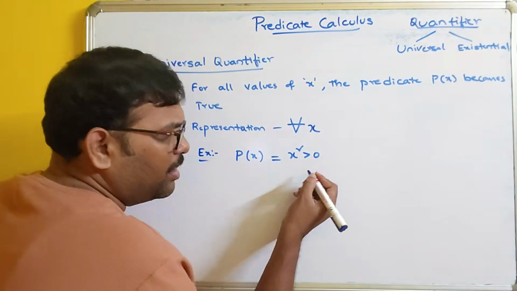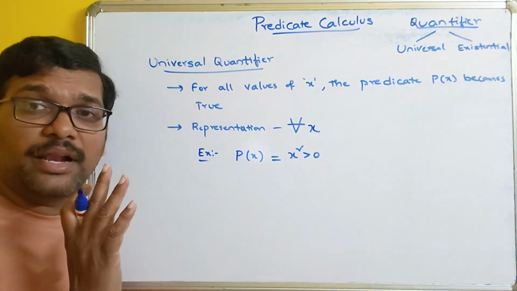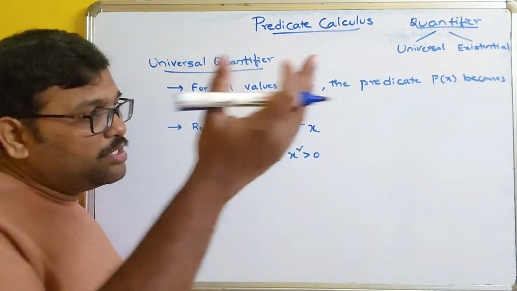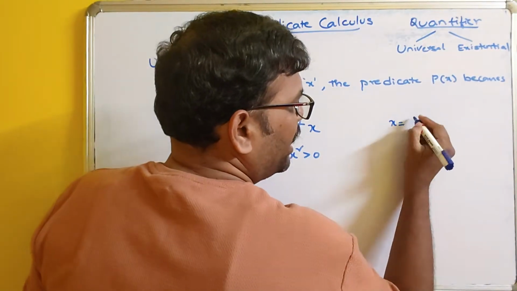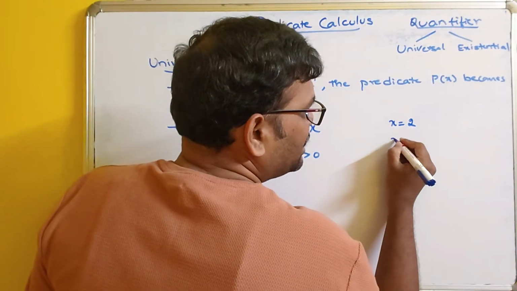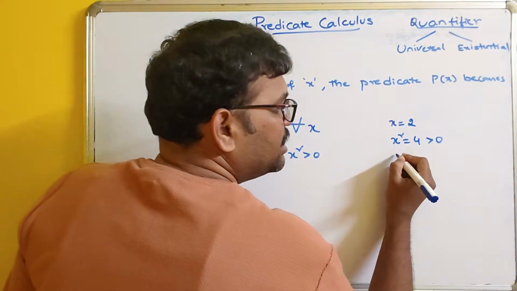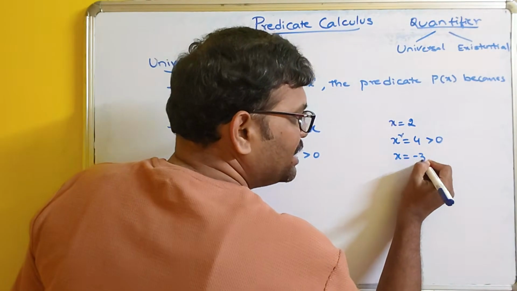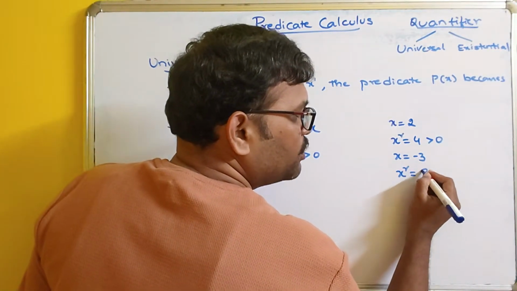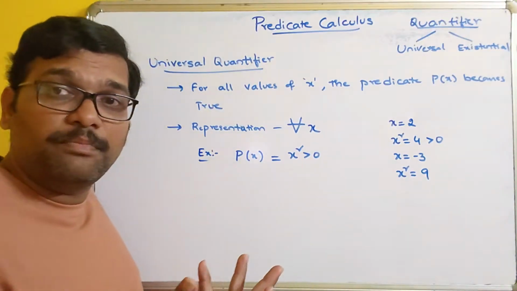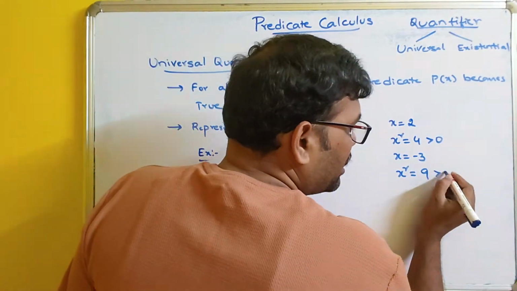Here we can say for any value of x, x square becomes greater than 0. For example, if x is equal to 1 or 2, then x square, which is 4, is greater than 0. Similarly, if x is equal to minus 3, then x square is minus 3 square, which becomes 9, because minus into minus becomes plus. So 9, which is again greater than 0.